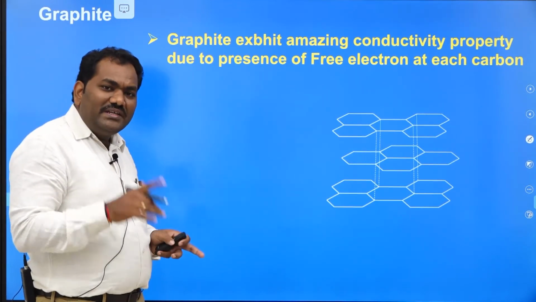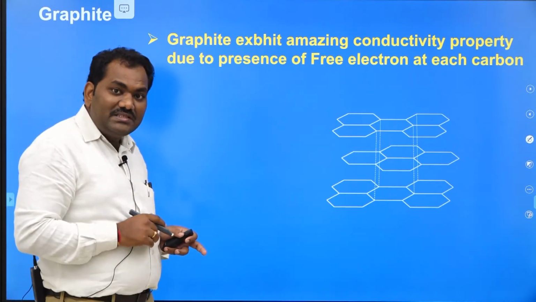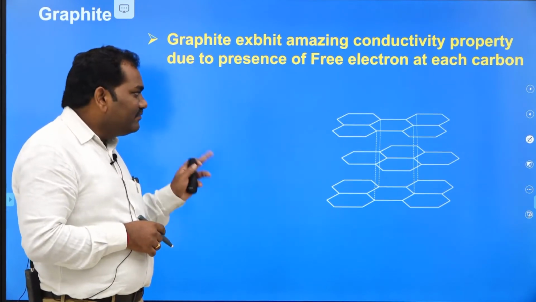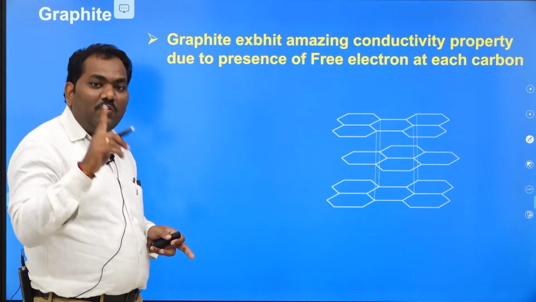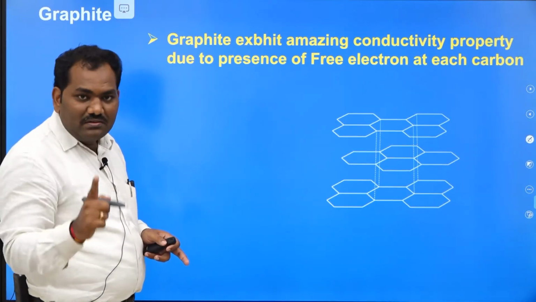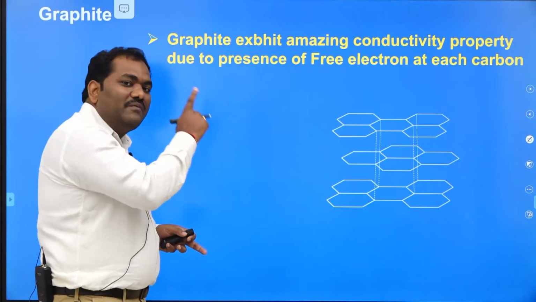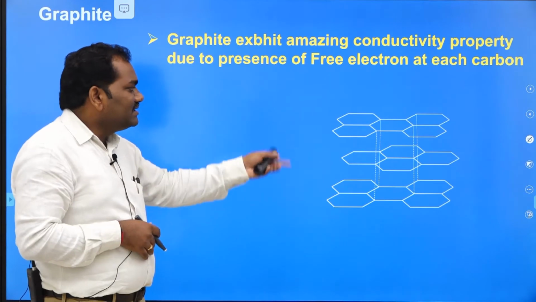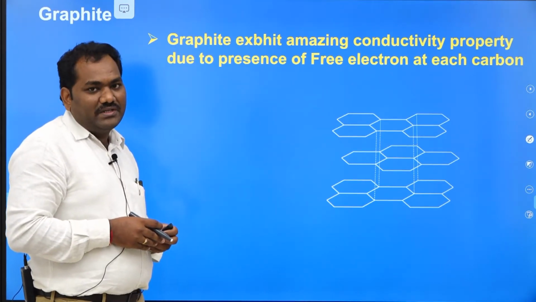In graphite, each carbon atom undergoes sp2 hybridization. Due to this, every carbon atom in graphite has one unpaired electron, which means a free electron. Due to the presence of that free electron, graphite exhibits amazing conductivity.